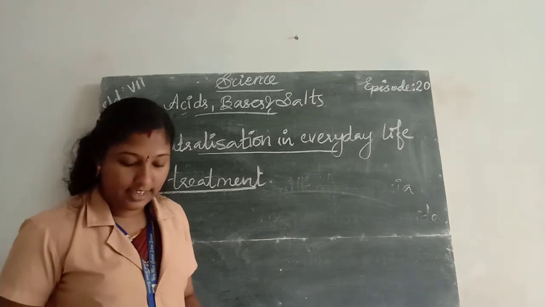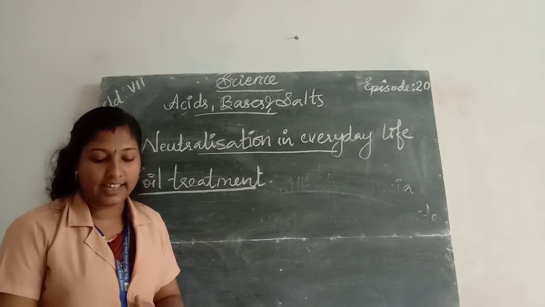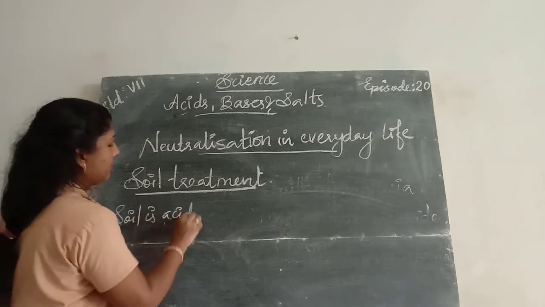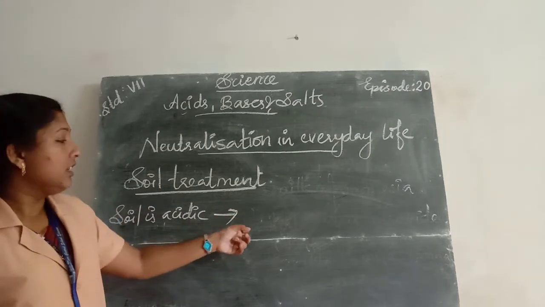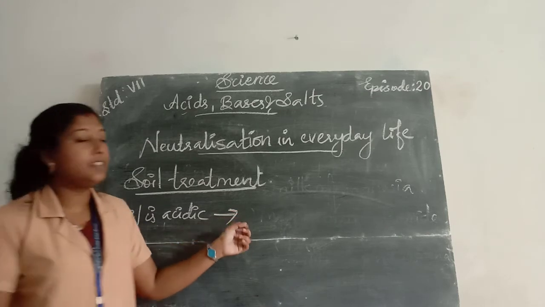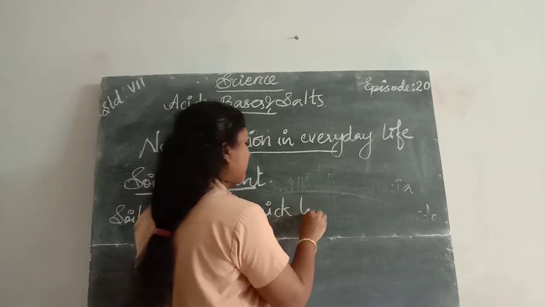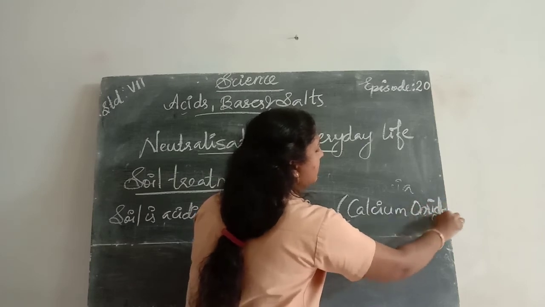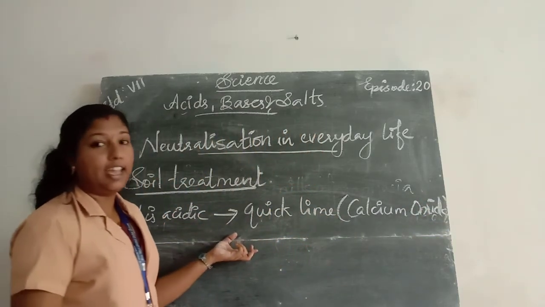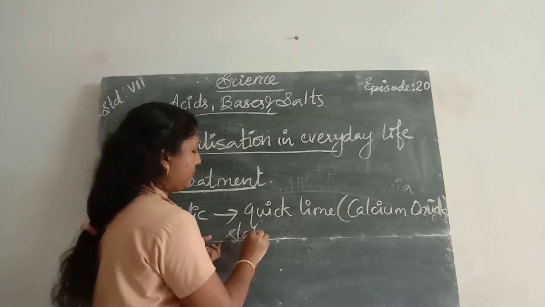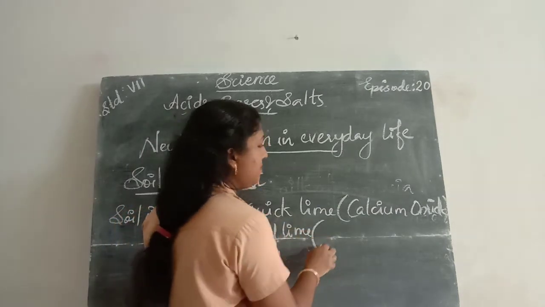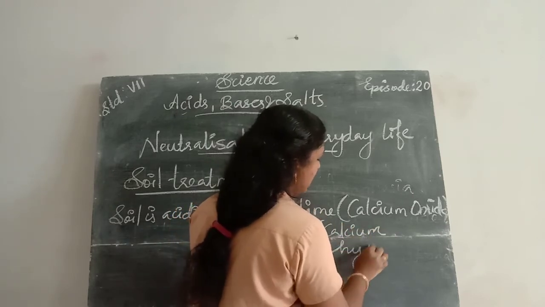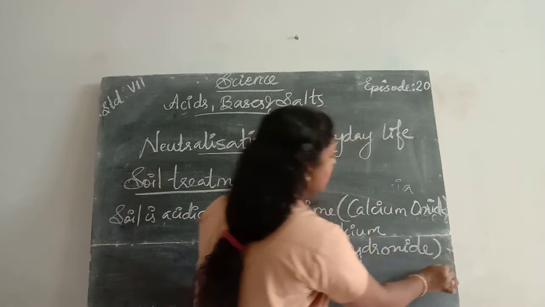When the soil is too acidic, it is treated with bases like quick lime, that is calcium oxide, or slaked lime, that is calcium hydroxide. All of you understood?